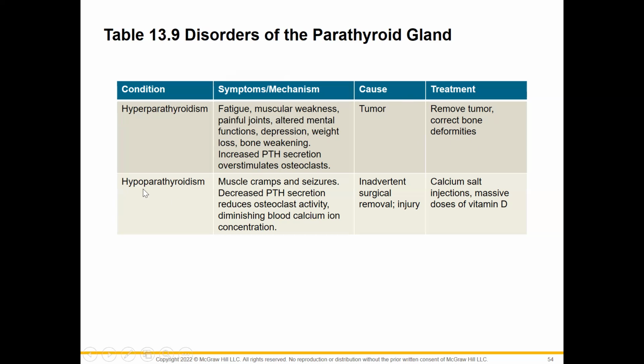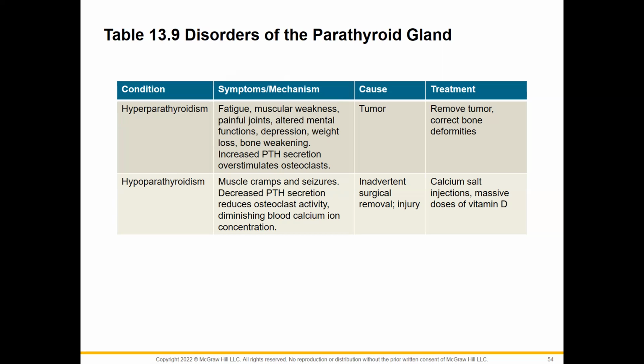Hypoparathyroidism: if you produce too little parathyroid hormone, remember, we're affecting blood calcium levels. So if you don't have adequate calcium in the body, that can end up with muscle cramps and seizures. Remember, we need calcium in order to have your muscles contract and relax properly.